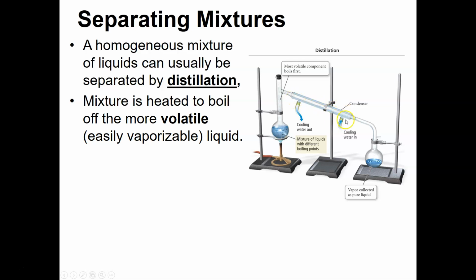Sometimes they're straight like this. In the prep room where we have our sink, our distiller, we have a big coil system. But the main point here is that this is cold. So you're going to have the hot vapor coming into this cold column, and it will condense back down into a liquid. And then it's going to drip down into a new container. So what we do in our prep room is we boil the tap water.